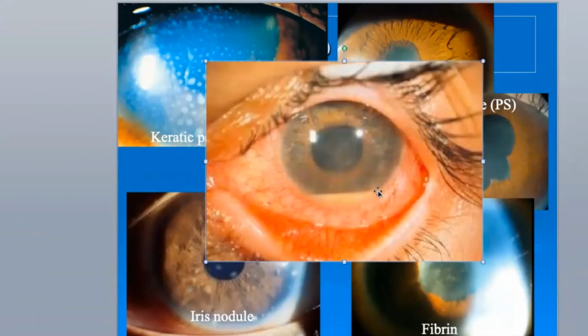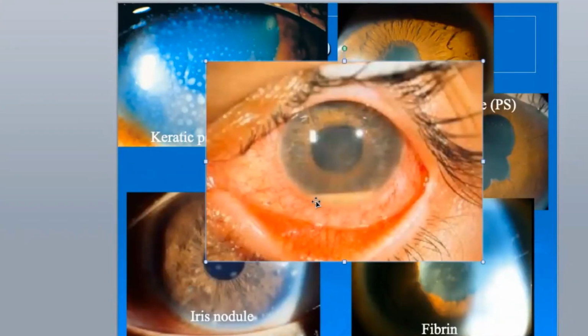There's another condition where you see hypopyon. What is it? Post-cataract surgery hypopyon, you suspect endophthalmitis, right? Infection in the eye. But for this type of patient, usually they don't have any surgery, nothing, yet they have hypopyon. So these are anterior uveitis.